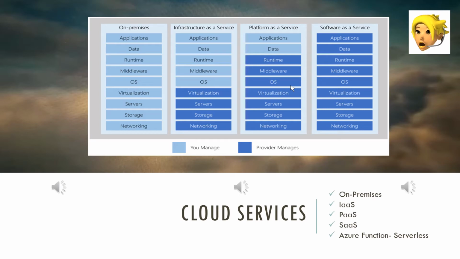A PaaS solution does not provide access to the operating system. Azure Web App Services provide an environment for you to host your web application. So web apps are hosted on virtual machines running IaaS. However, you have no direct access to the virtual machine, the operating system or IaaS.